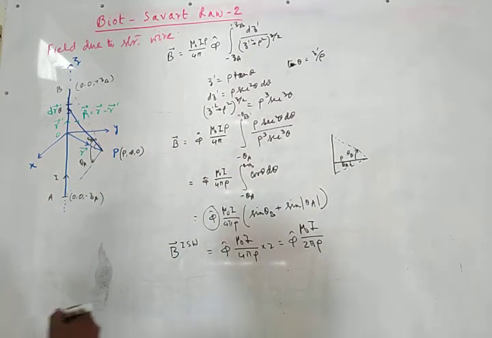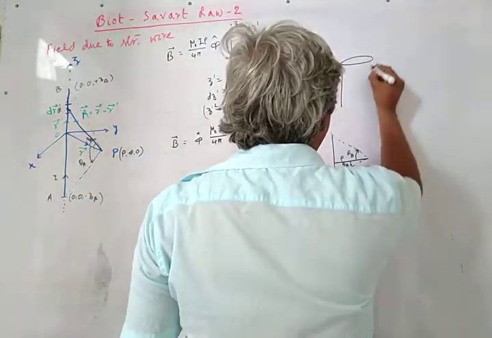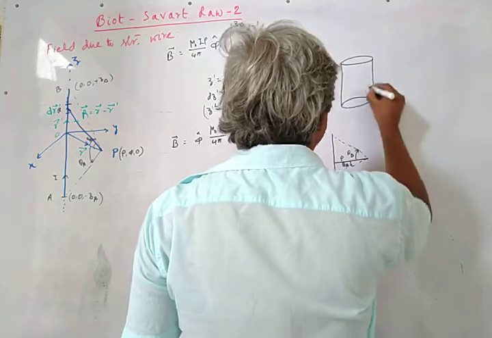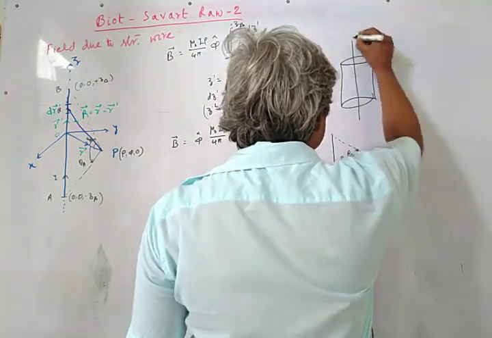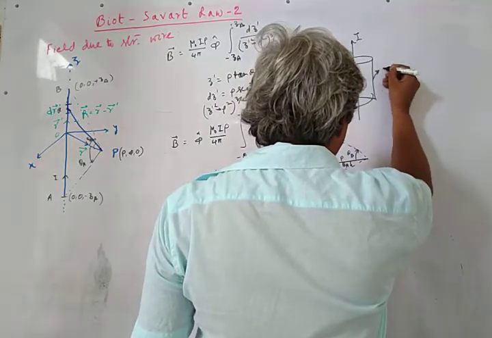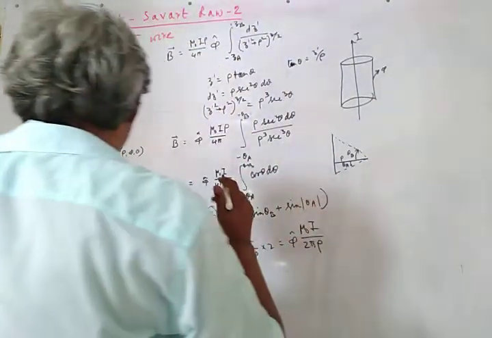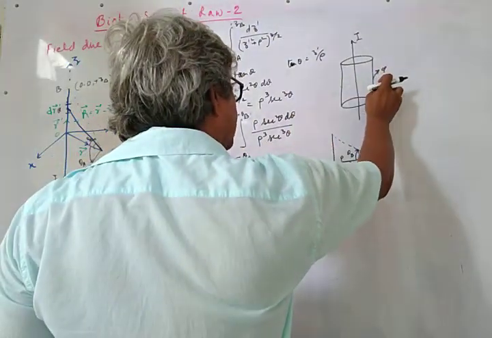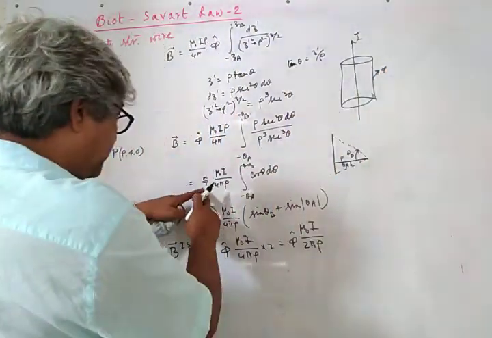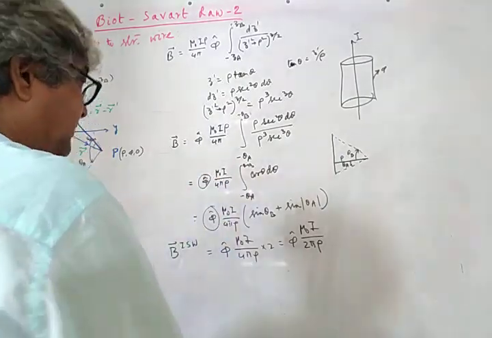That is, if we consider a cylinder whose axis is the current carrying conductor, then at each and every point the field is along the phi cap. That is, the field is tangential on the surface of the cylinder, which is very much evident from this vector notation.